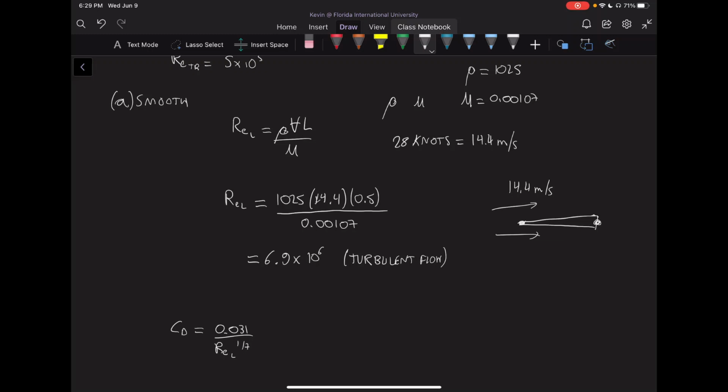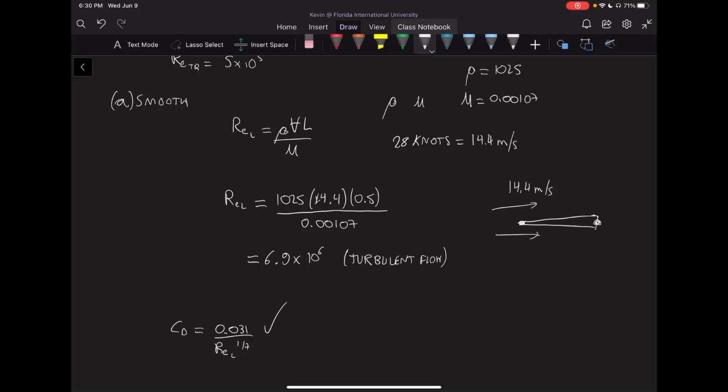Now, in our problem, we're given that we have a Reynolds transition of 5 times 10 to the 5. If we look at our problem and at what we have, we're going to have to look at our chart and see, can we use this equation?